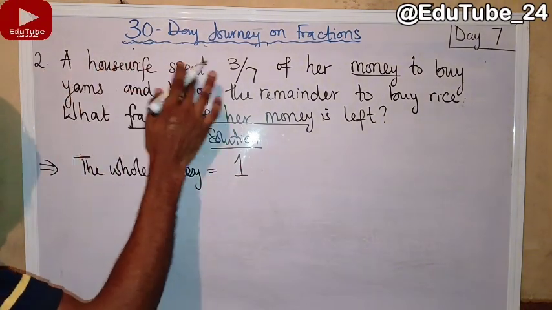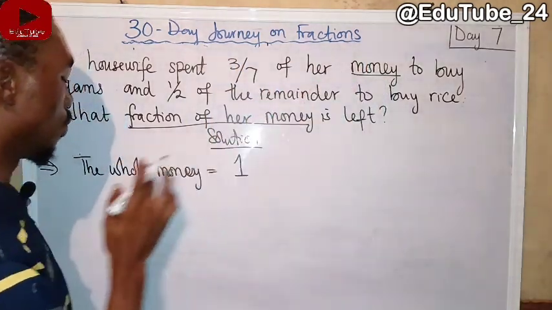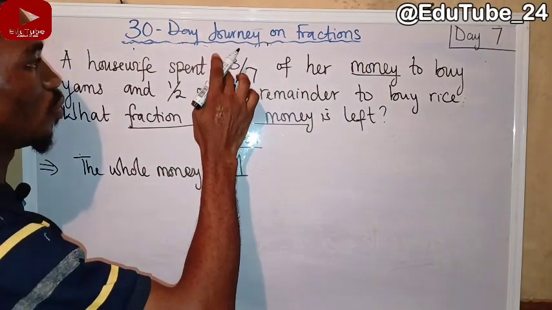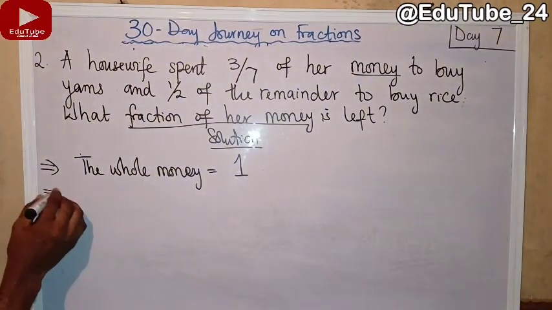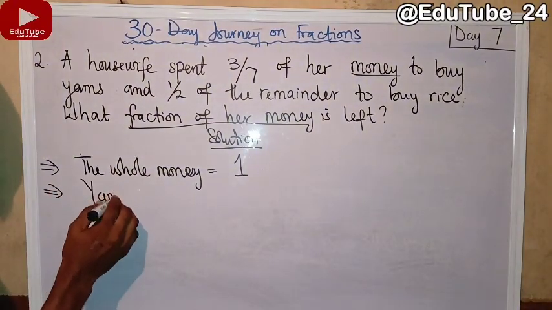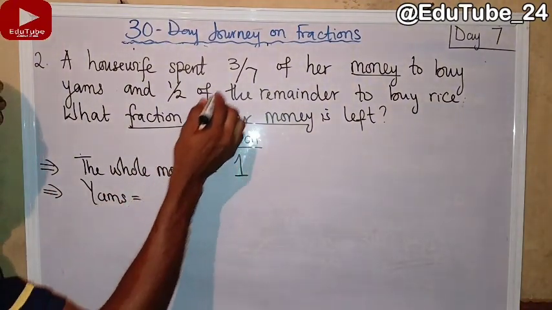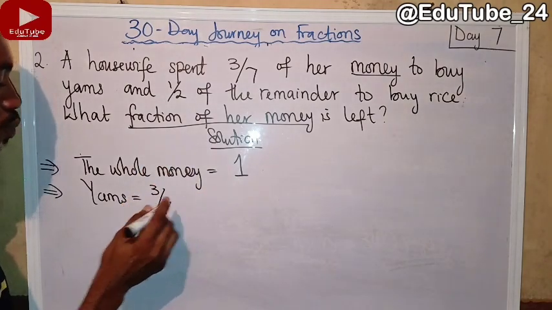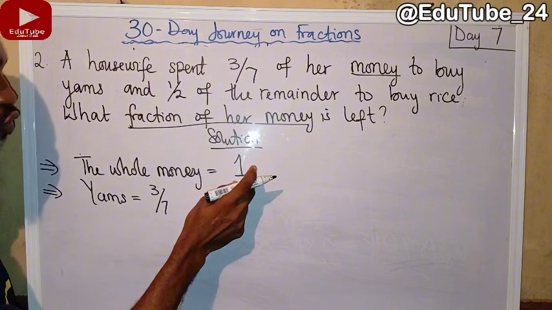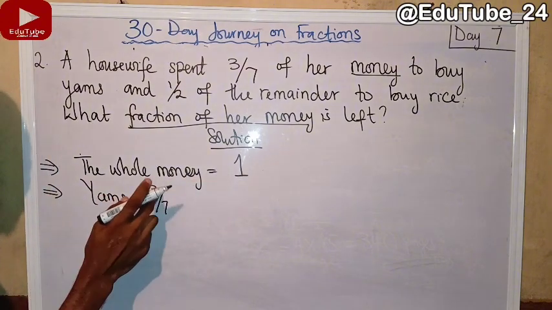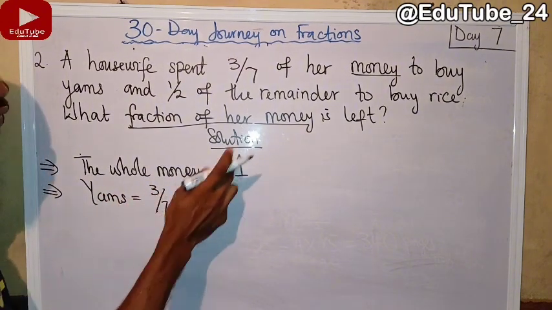And then the housewife spends 3/7 of her money, which the whole money is 1, and then she spent 3/7 out of this whole to buy yam. So I'm going to write yams. What she spent on yam? She spent 3/7 on yam. 3/7 of what? Of her whole money. And we said her whole money is what? 1. So she spent 3/7 on yams out of her whole money.